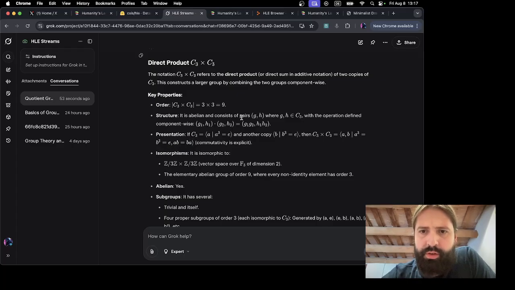If it's going to consist of pairs (G, H), where G and H both belong to a C3 group, the operation is defined component-wise. That's what the direct product says, right? So (G1, H1) times (G2, H2) is basically (G1 G2, H1 H2), and that gives you the next element.